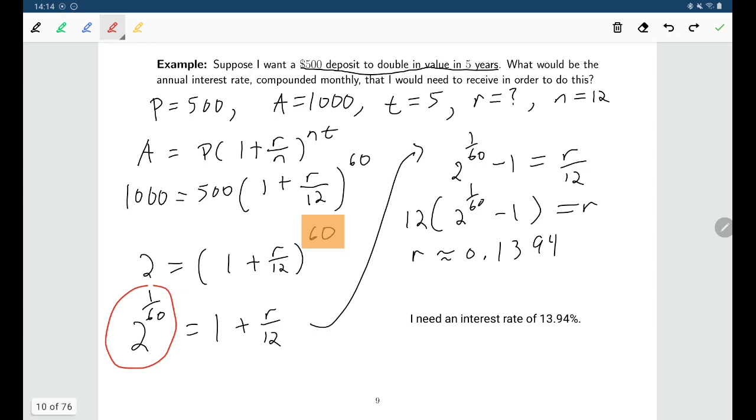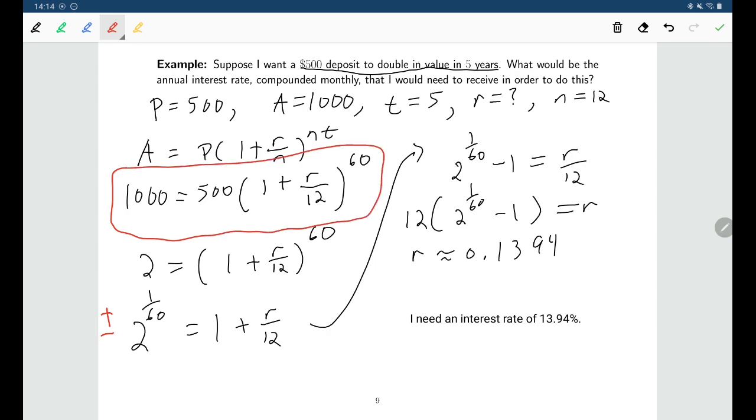Since that's an even root, why didn't we take plus or minus the 60th root? And so it's a good question to bring up, and it's a good question to think about, because if this wasn't something that was part of a word problem, if this was just an equation that we were trying to solve, then you would be right. We would be thinking of taking plus or minus the 60th root.